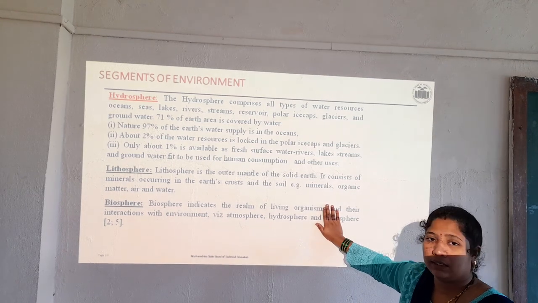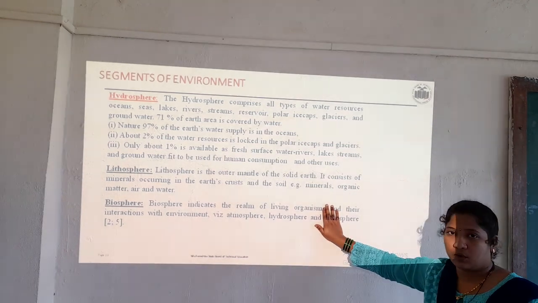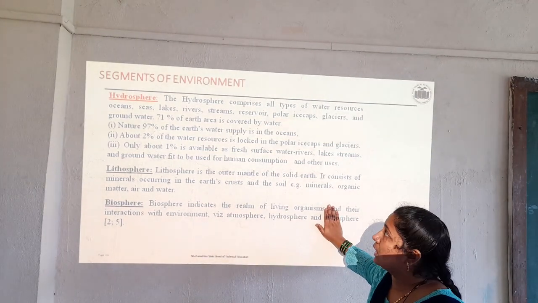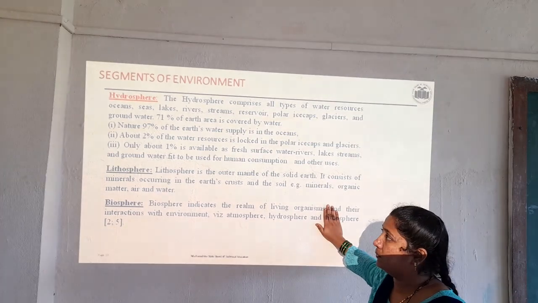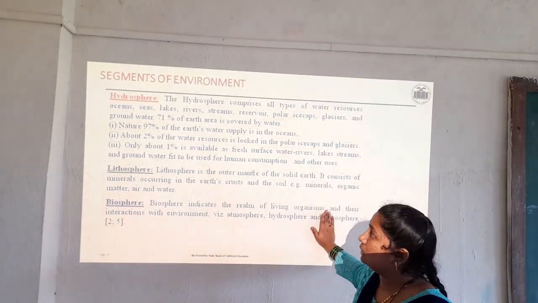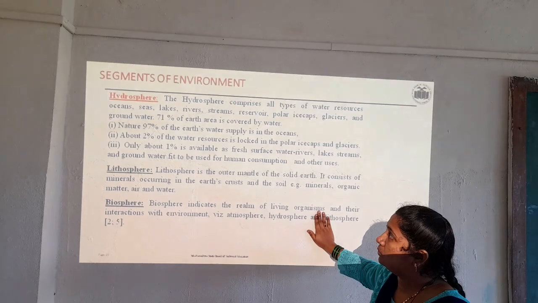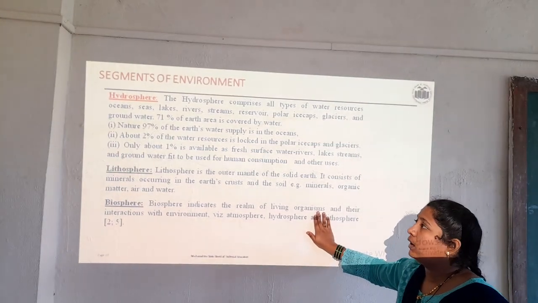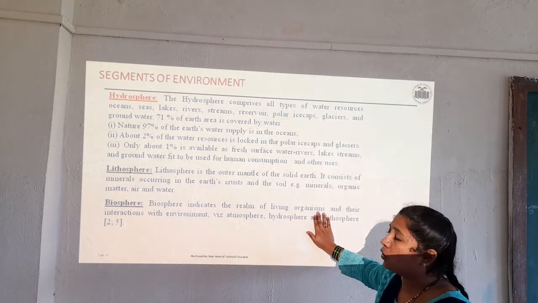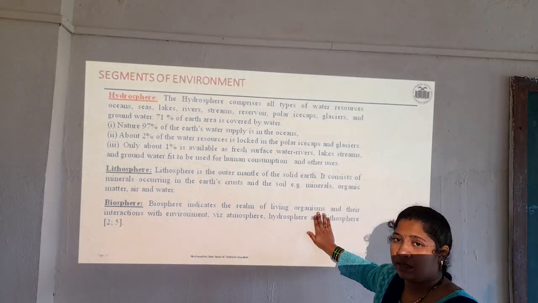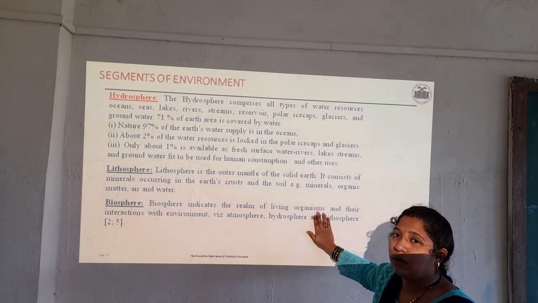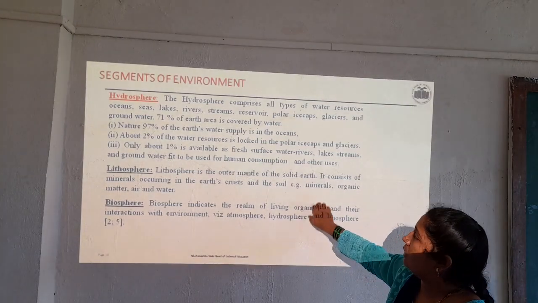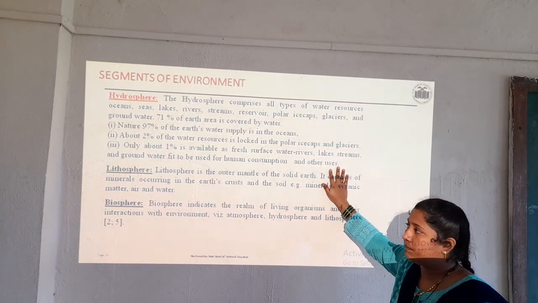The hydrosphere comprises all these types of water resources. 71% of the earth's area is covered by water, and the natural water supply on earth is 97% from the ocean, 2% locked in polar ice caps and glaciers, and 1% is available as fresh surface water. So this is our hydrosphere content.